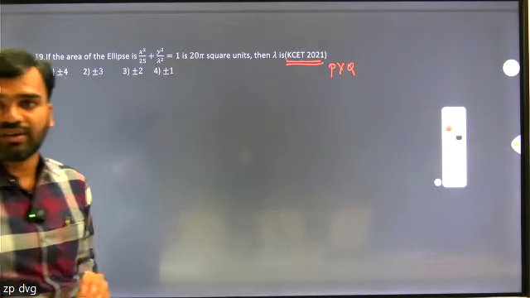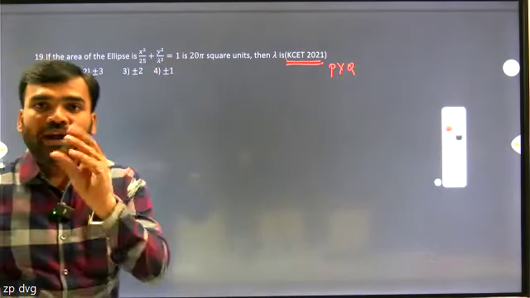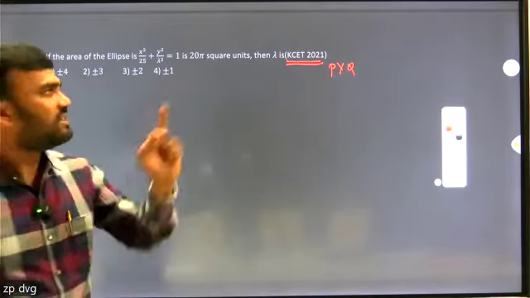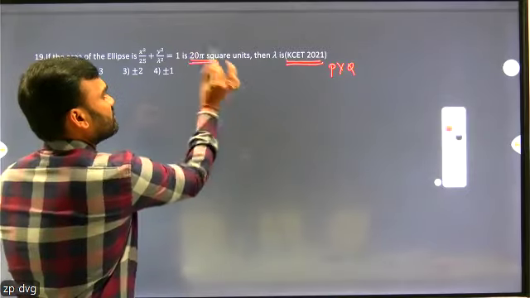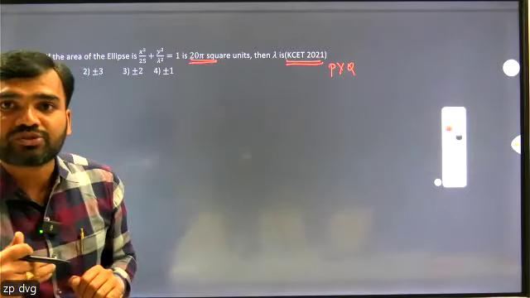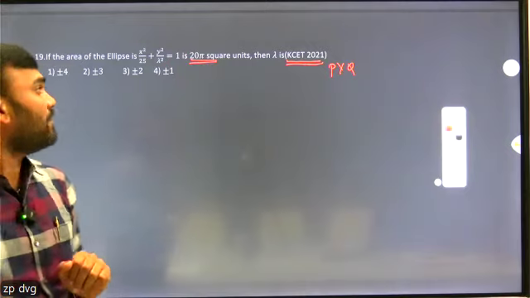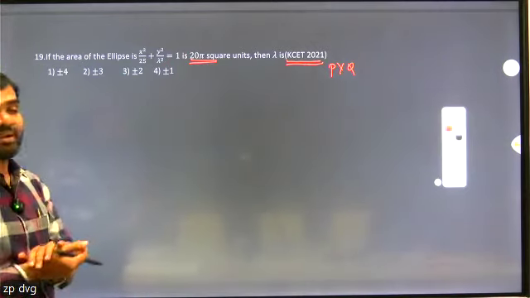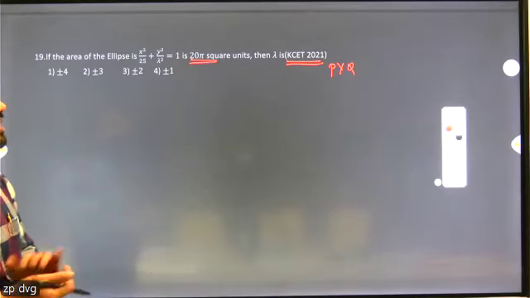In KCET 2021 they asked this. What is given? The area of the ellipse is already given as 20 pi square units. We have to find the value of lambda, with options plus or minus 4, 3, 2, 1.